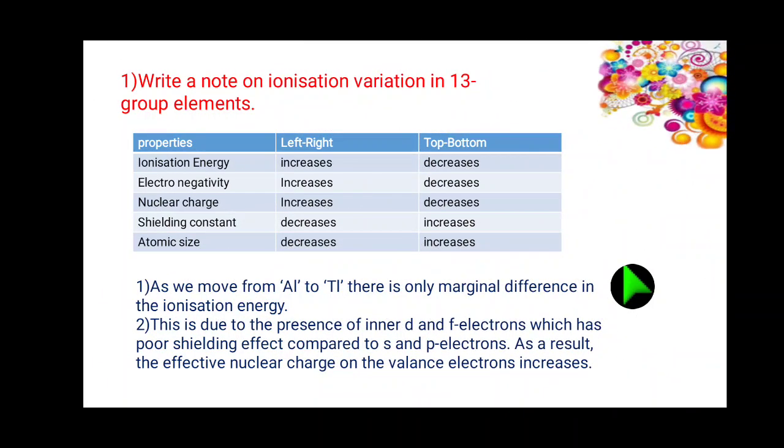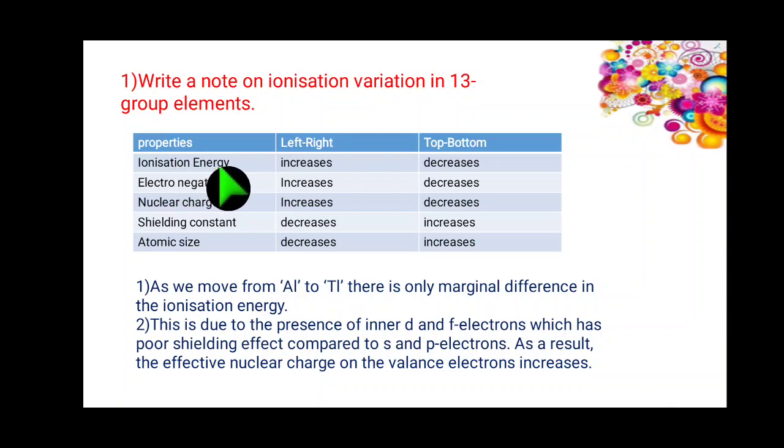Question number 1. Write a note on ionization variation in 13 group elements. So usually in the periodic table, some properties we can find.